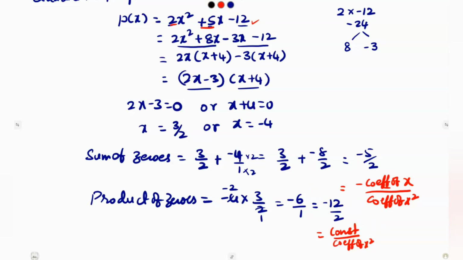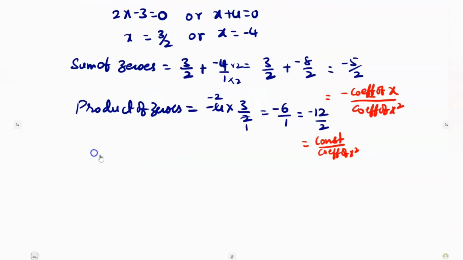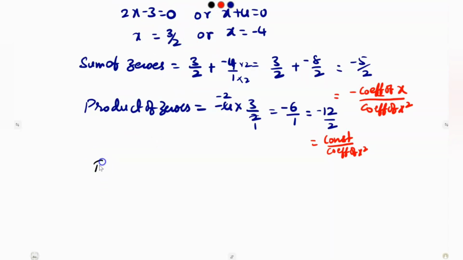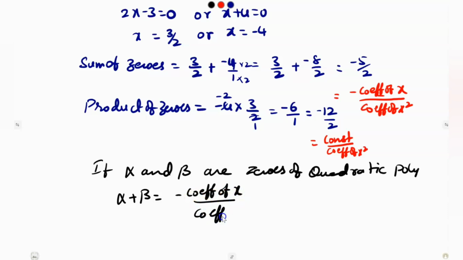Now let us write this in general. If alpha and beta are the symbols used for the zeros of a quadratic polynomial, then alpha plus beta, which is the sum of the zeros, is equal to minus coefficient of x by coefficient of x square, which we can also write as minus b by a.